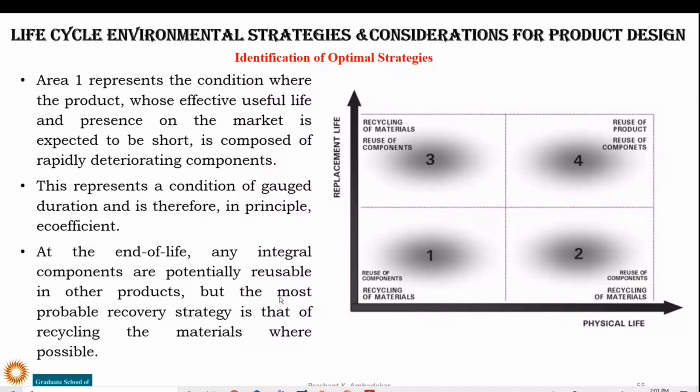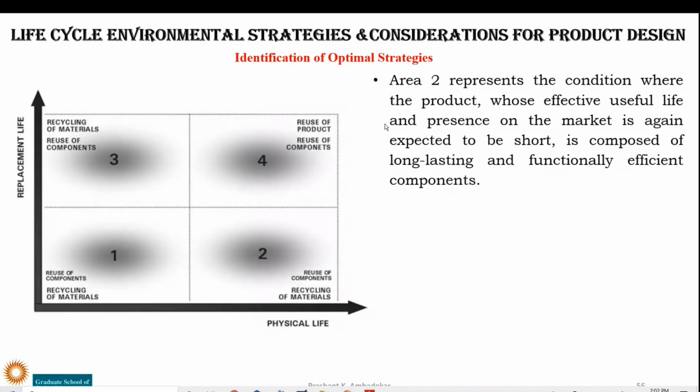But it is saying that the most probable recovery strategy is recycling the material where possible. So instead of reusing, the most optimum strategy here is to recycle the product. Keep its life short as per the requirement so that it can be recycled, and there is no need to reuse the component in the manufacturing of new components.